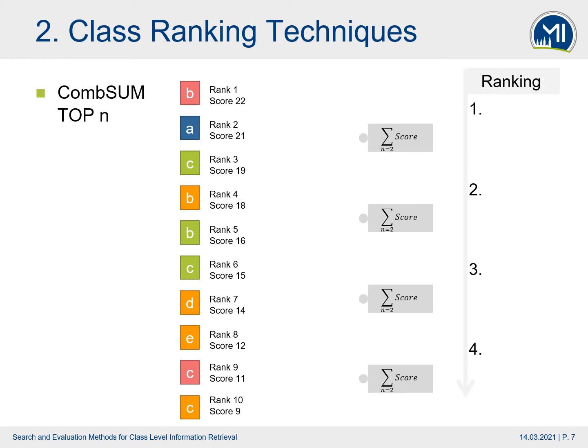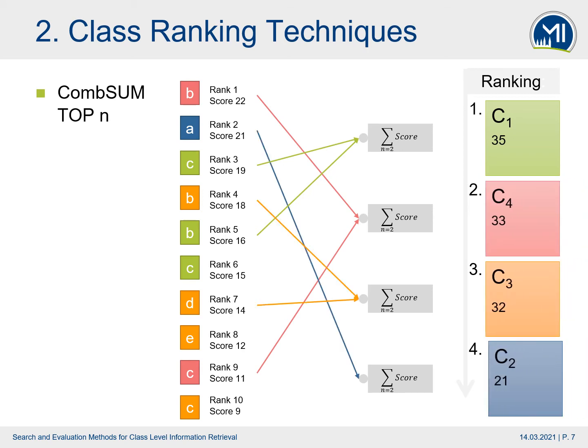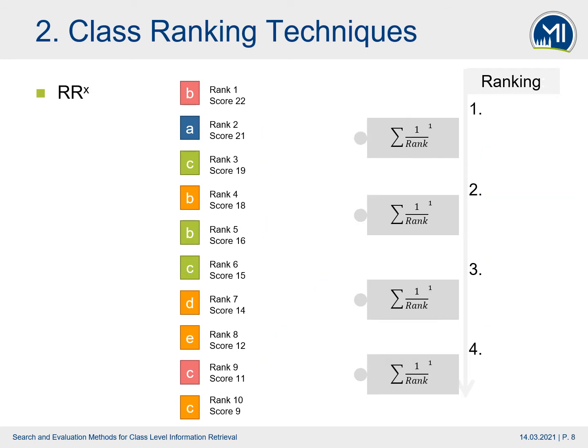Known from literature, CumSum top n takes the voting scores into account, but only to a certain rank per class. In this slide, n is set to 2, only the first two scores per class are considered. Also a known voting technique is the reciprocal rank, which is purely based on the document ranking and not on the scores.